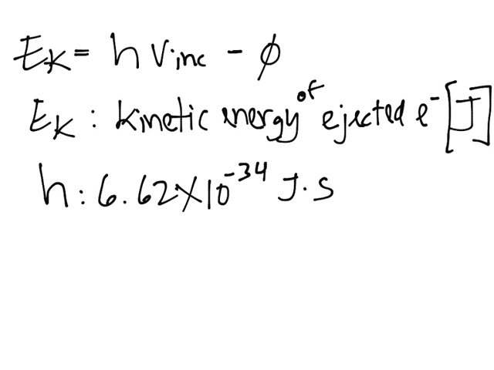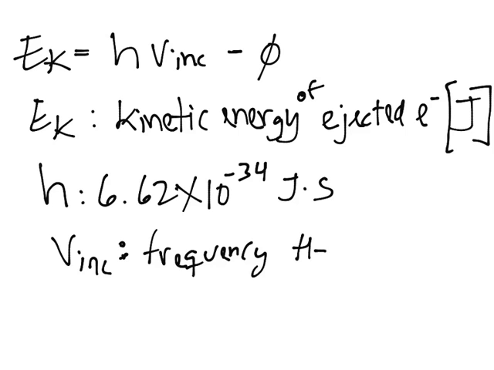So that's our units there. That's Planck's constant. Then we have our v incident. That is our frequency, or the frequency of the incident. That is in hertz, or 1 over seconds. And finally, the work function.